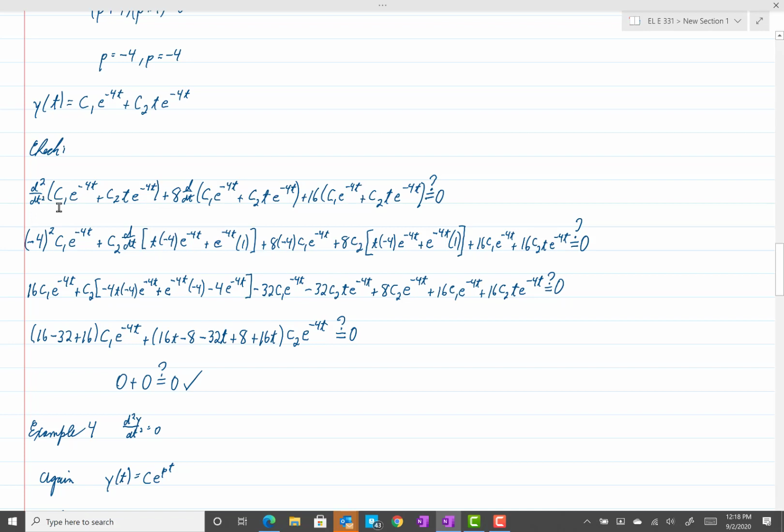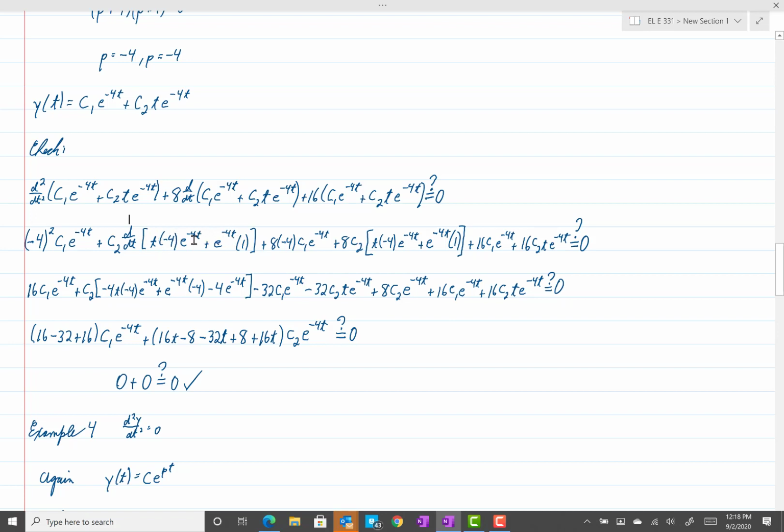Okay, if we take the second derivative of c1 e to the minus 4t, the minus 4 will pop out twice, and so we'll have minus 4 quantity squared c1 e to the minus 4t. Now, for the second derivative of this, we can't do that all at one time because of the presence of this t. So what I'll do is the following. The second derivative operating on that, c2 is a constant, so it can come out front. And I can write the second derivative as the first derivative of the first derivative.